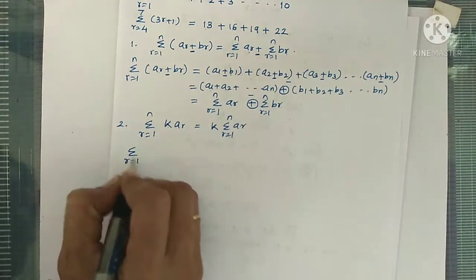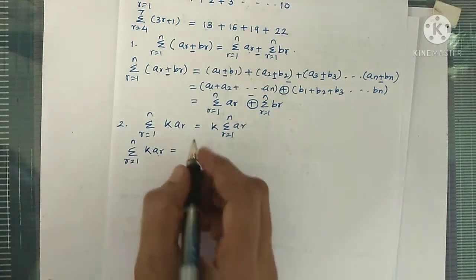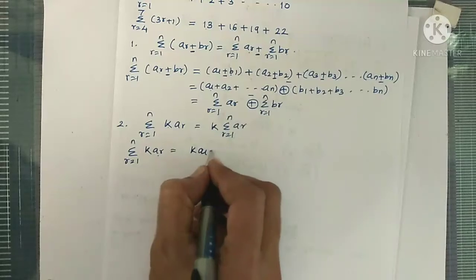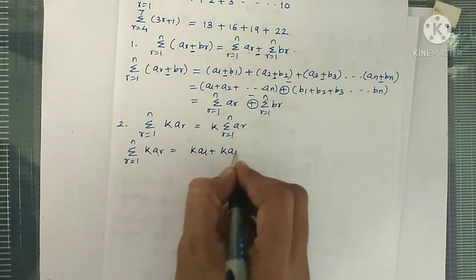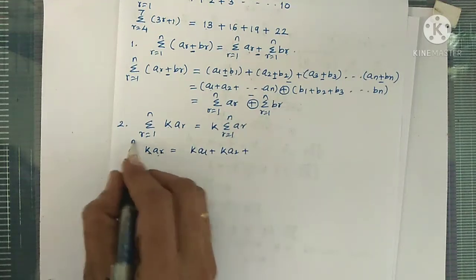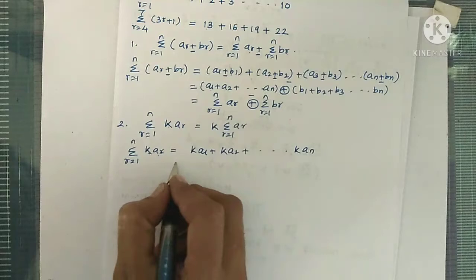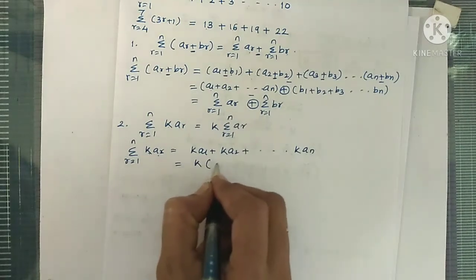So summation R equal to 1 to n, KAR. When we put R equal to 1, we get KA1. For R equal to 2, it is KA2, KA3, KA4, and the last one is KAN. And take k common from all the terms.